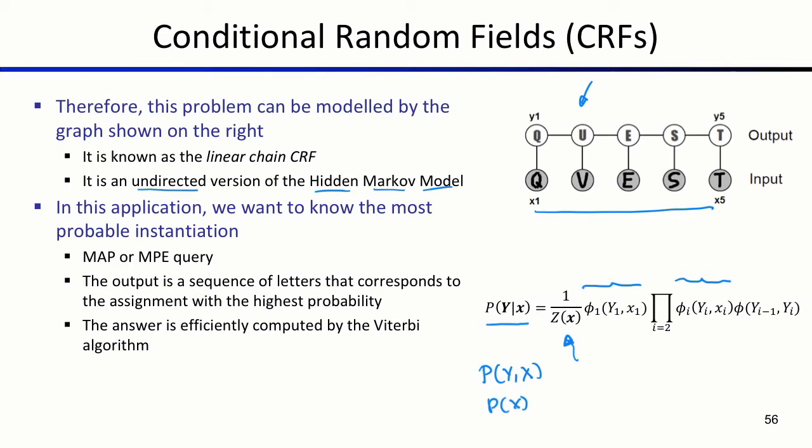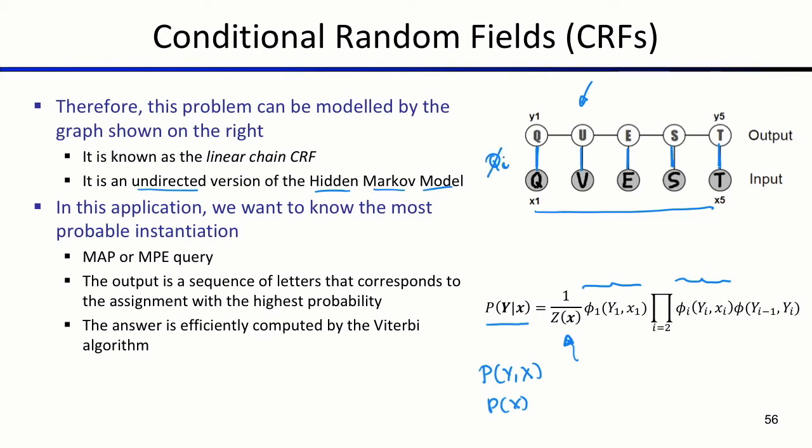So we're going to factorize the joint probability given the Gibbs distribution, and basically what we have is a pairwise Markov network. So we have these factors here that we call the phi y.